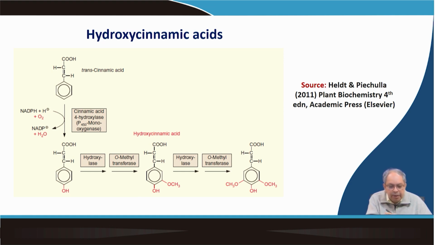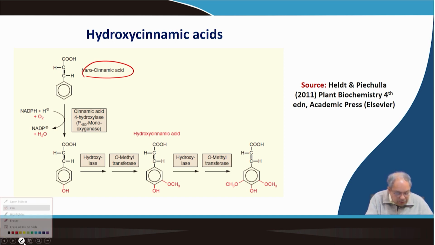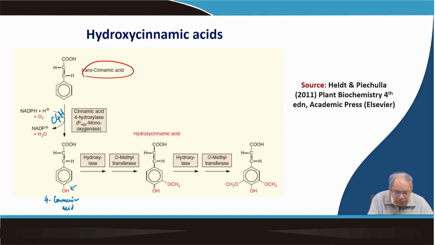So, this is the structure of hydroxycinnamic acid. This is the trans-cinnamic acid, which is converted by the action of C4H, cinnamate 4-hydroxylase, which adds an OH at the 4 position. So, this structure is called 4-hydroxycinnamic acid or paracumaric acid or 4-coumaric acid, all are correct.